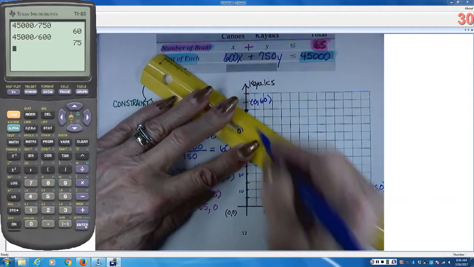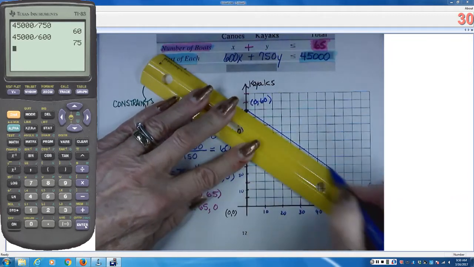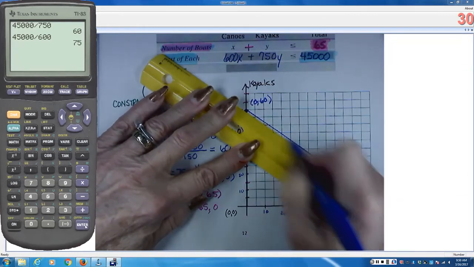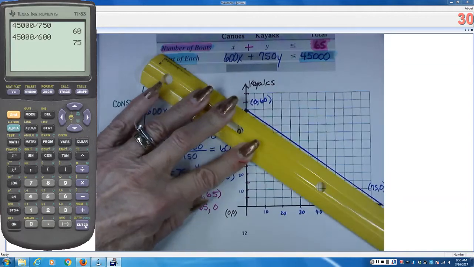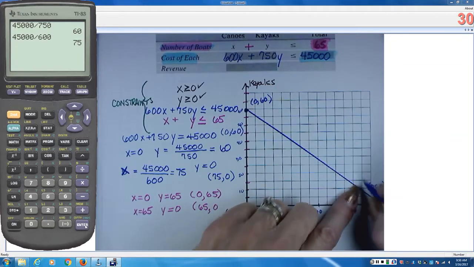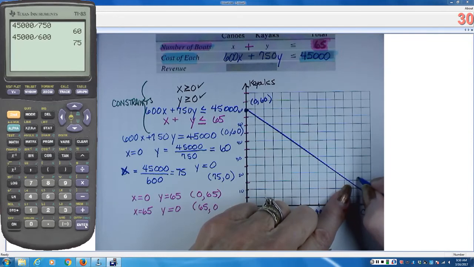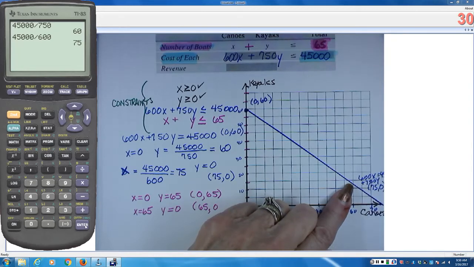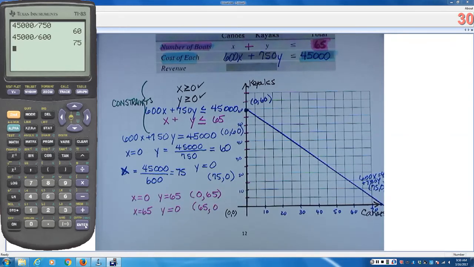And that would be a solid line because it's equal to or less than. So there's my blue line.